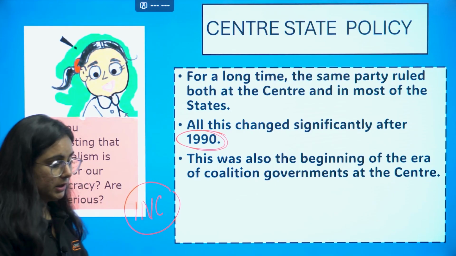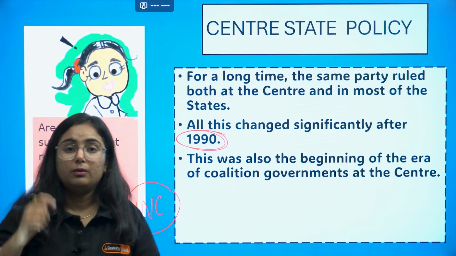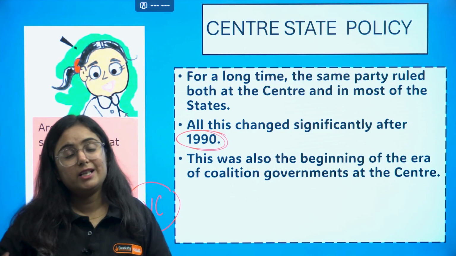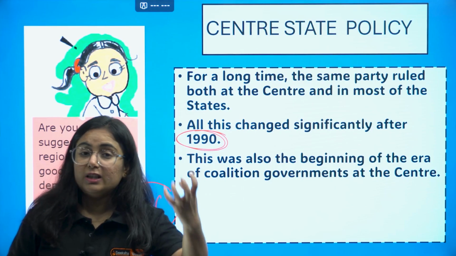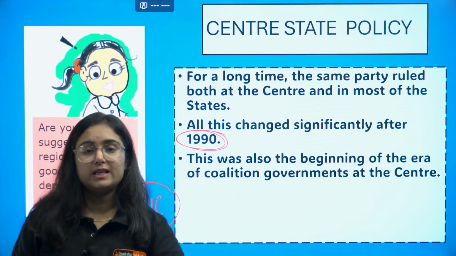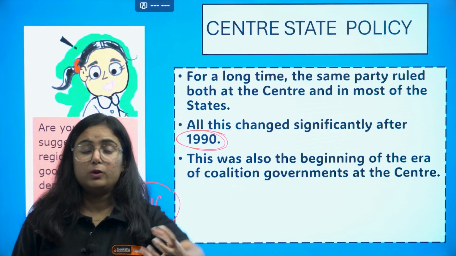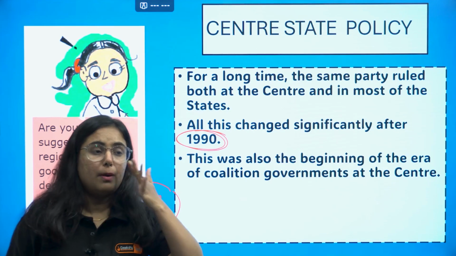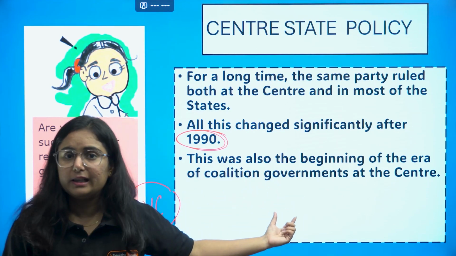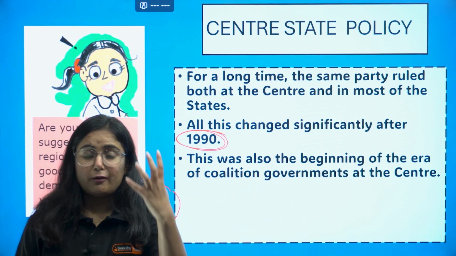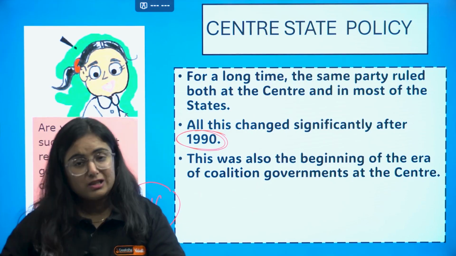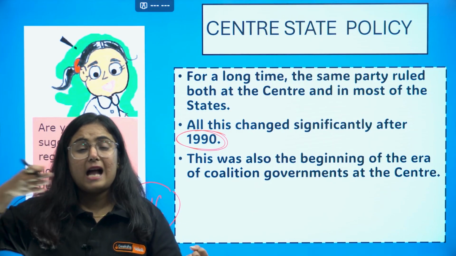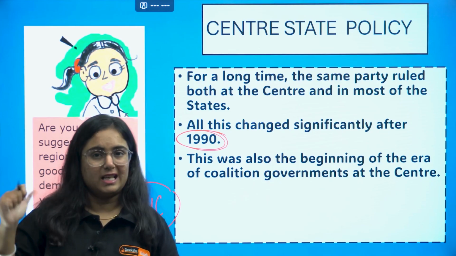Now pay attention here. Whenever regional political parties rise, the strength of the majority at the center decreases. The party that earlier held the majority of seats in the Lok Sabha saw this decrease because regional parties were increasing and the votes were diverting. Getting my point?